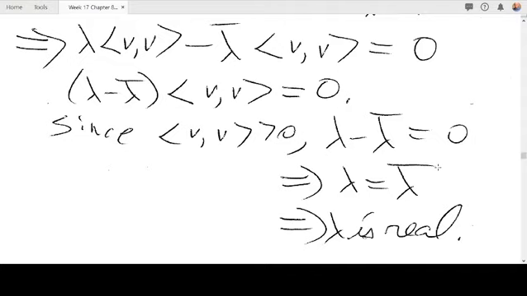So here the idea is to prove that a scalar is a real number by showing that it's equal to its own conjugate, meaning the imaginary part is 0.